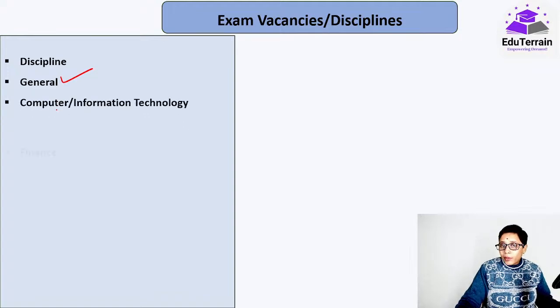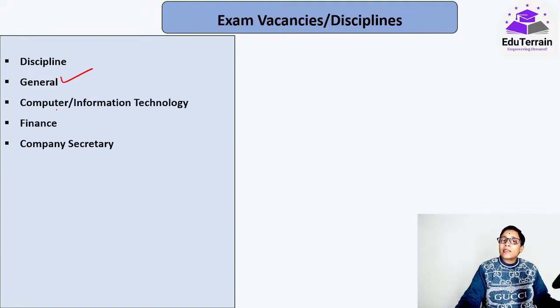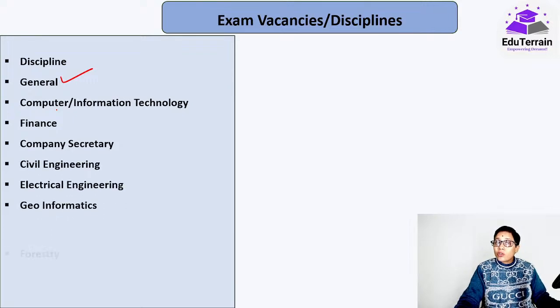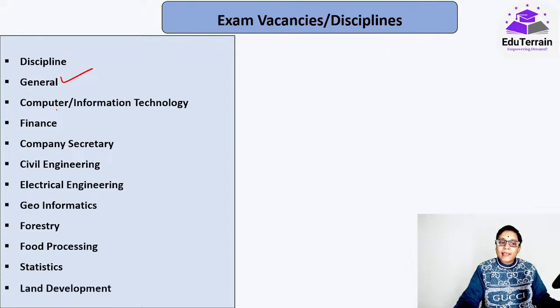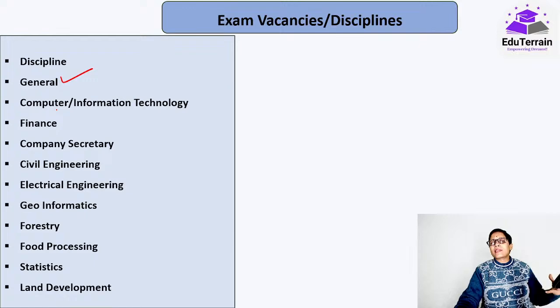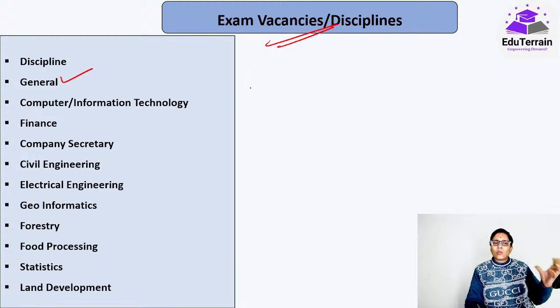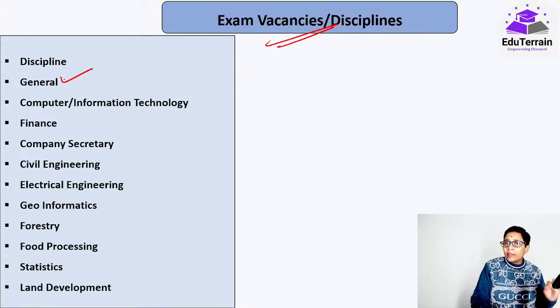Okay, computer and information technology, finance, company secretary, civil engineering, electrical engineering, geoinformatics, forestry, food processing, statistics, land development, all these, there are various disciplines under which the vacancies are released. Again, the number may vary a little, but generally the discipline that they release in large numbers is the general post.